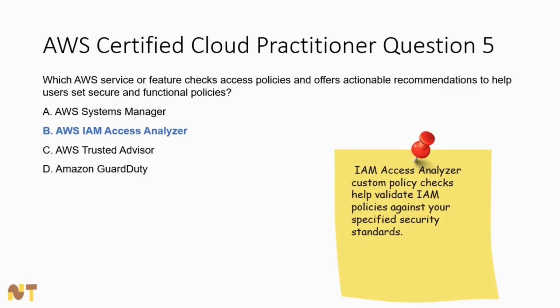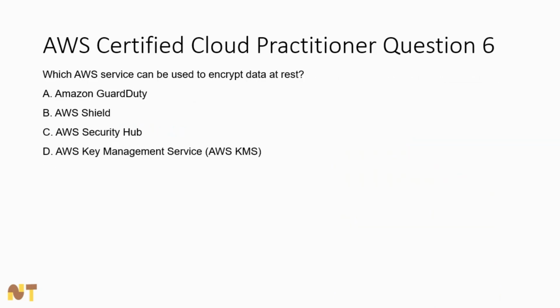It helps identify resources in your organization and accounts that are shared with an external identity. IAM Access Analyzer custom policy checks help validate IAM policies against your specified security standard. It also generates IAM policies based on the access activities in your CloudTrail logs. So, the correct option here is B, IAM Access Analyzer. Moving on to the next question.